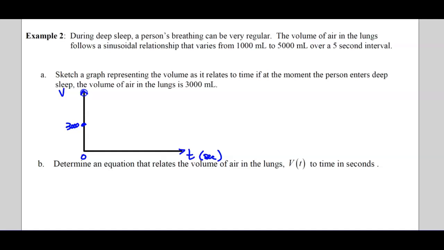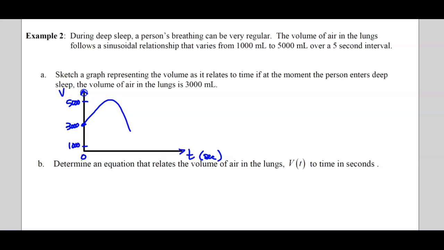So we're going to assume that they're entering deep sleep, so they're going to be increasing and decreasing. Now, saying that, let's figure out if my scale is decent here. So this has to go to 5,000, and my minimum is 1,000.